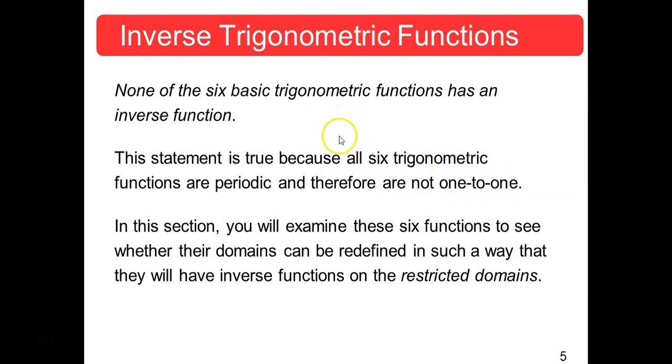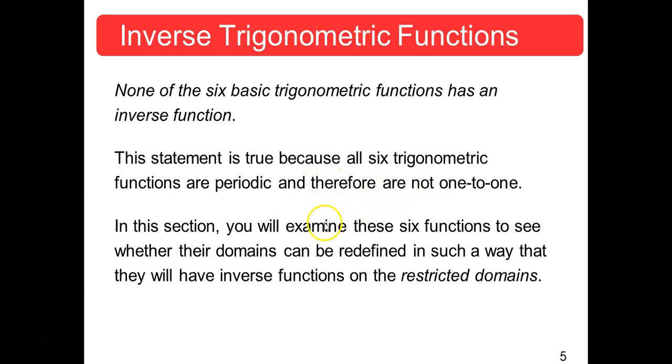If you recall looking at the graphs of sine and cosine, they just kind of look like humps, or waves, sound waves, frequency waves, things like that. And then you have cotangent and tangent, which look a tad bit different, but all of them repeat after a while, so they're not one-to-one.